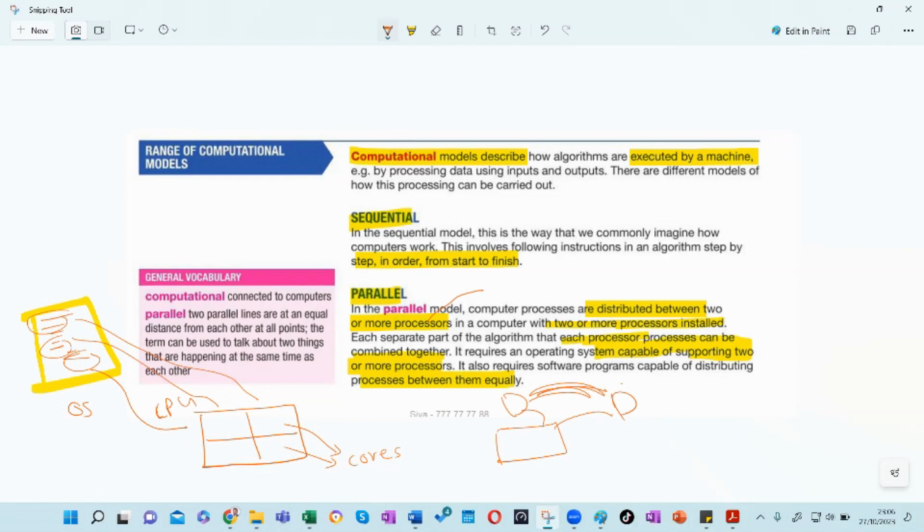But certain instructions you can't, you have to do them sequentially. For example, inputting those two numbers: usually you don't enter the two numbers at the same time.